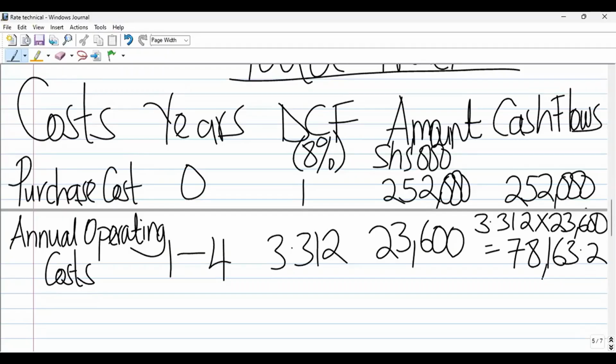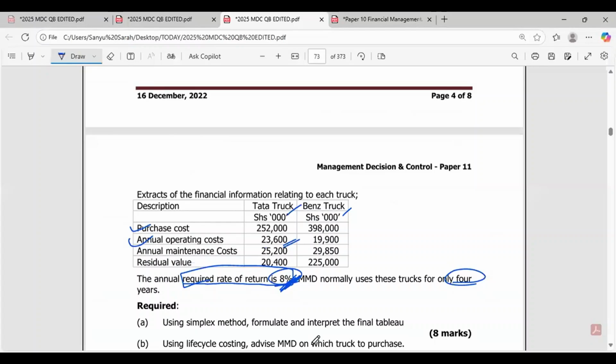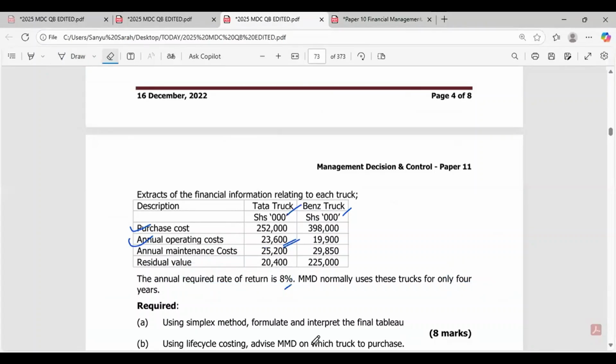We go to the next expense. Excuse me, Madam Sarah. Yes. I was thinking the amount we could multiply it by the 4 years, because this one is for annual. So we are computing for the life cycle. I'm not sure. That's why you've computed the annuity factor.